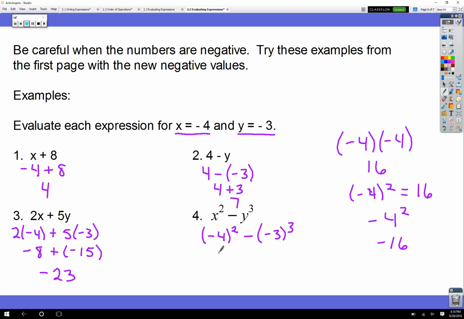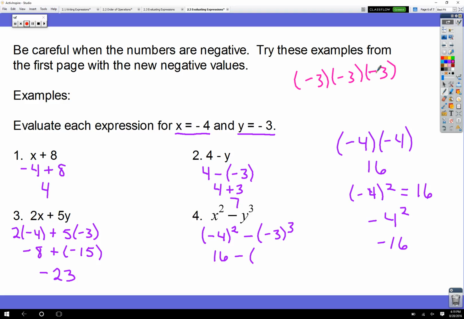So negative 4 times negative 4 is 16 minus. Now, negative 3 to the third power, let me just use a different color. I'll write this over here. We have negative 3 times negative 3 times negative 3. Now, if we take a negative 3 times a negative 3, we're going to get a positive 9.